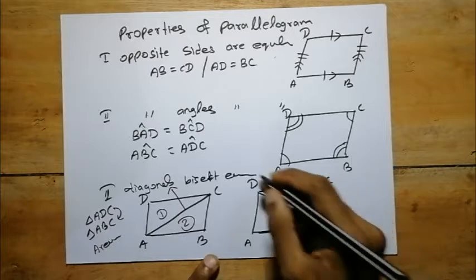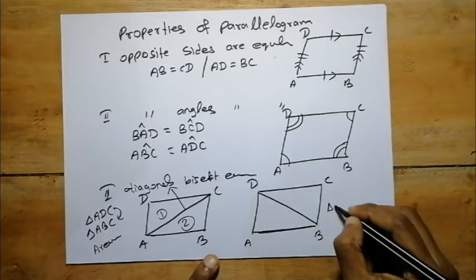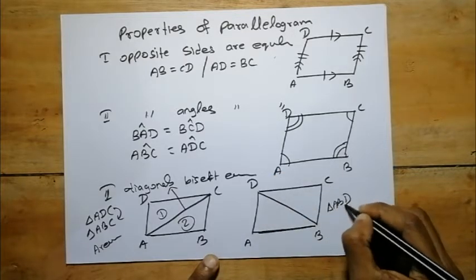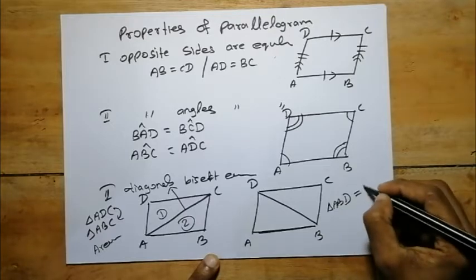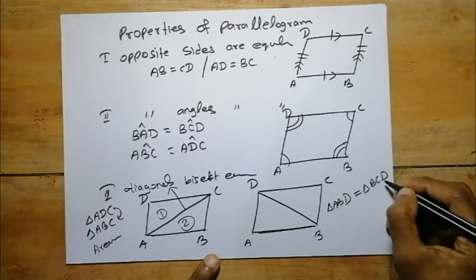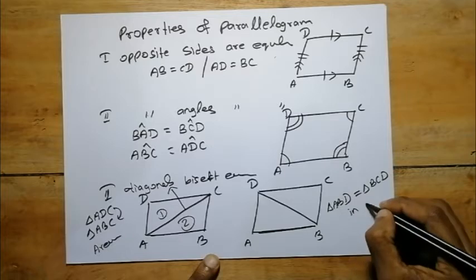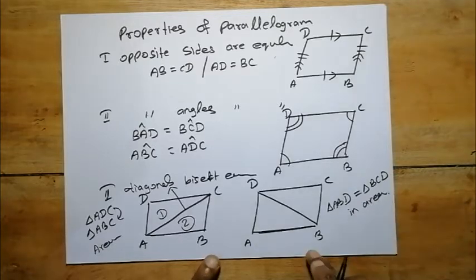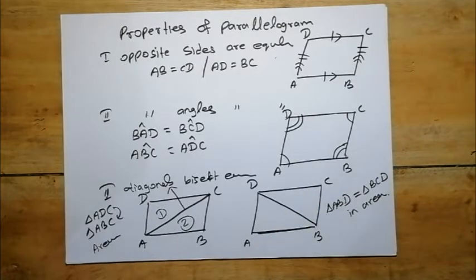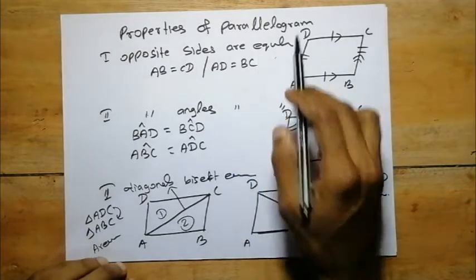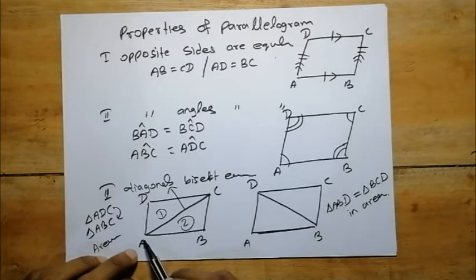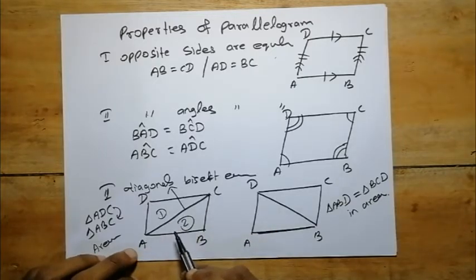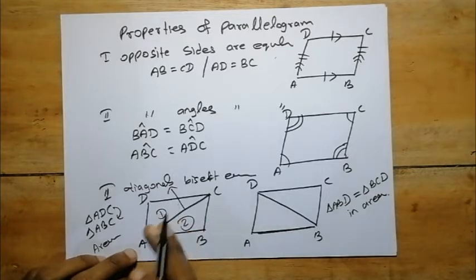Okay, if you connect BD, triangle ABD equals triangle BCD, equals meaning the areas of those triangles are equal. So that's why we say a property of a parallelogram is, if you connect the diagonal, it bisects the area. The diagonal bisects the area of the parallelogram.